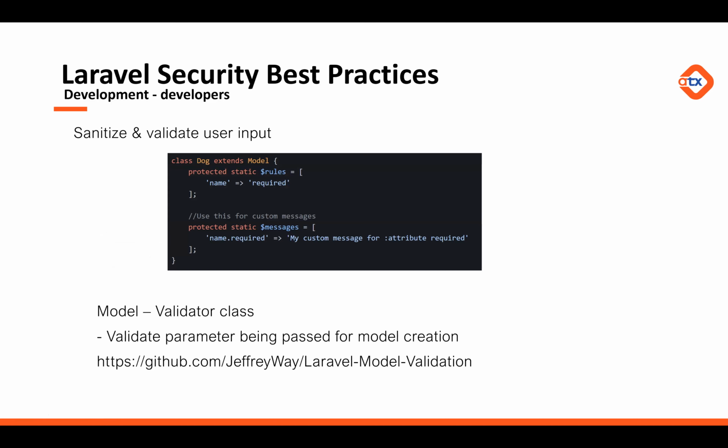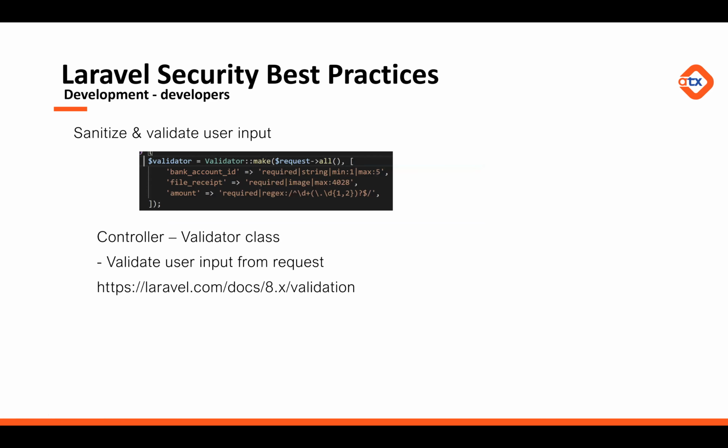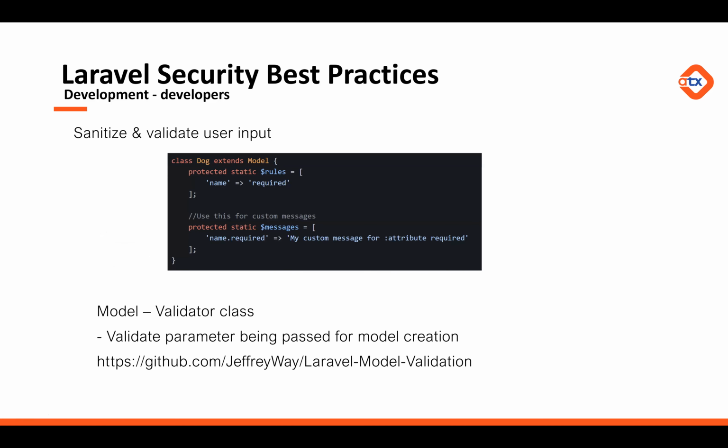It's not really common, but if we handle our validation in the controller, it means that we are sanitizing the user input. Whatever the user sends from the client to the controller, we will sanitize the request. But if we want to handle it in the model side also, this is the second layer at the back end.